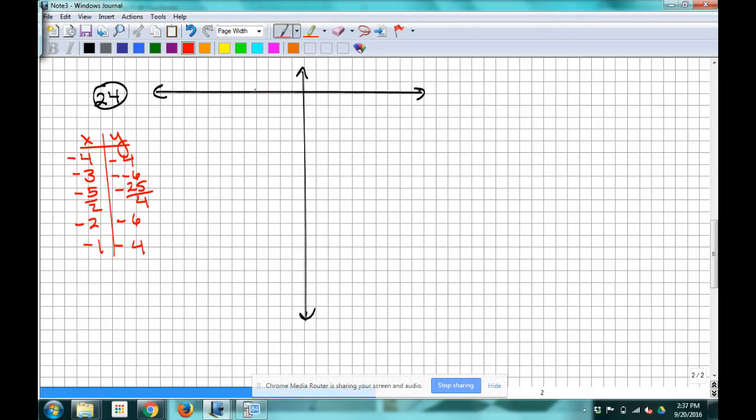That should make it turn the right way. And then negative 2.5. 25 over 4 is negative 6.25. About right there. Yes, thinking about it as a decimal to plot it on the graph. 25 over 4 would be negative 6 1/4, negative 6.25.